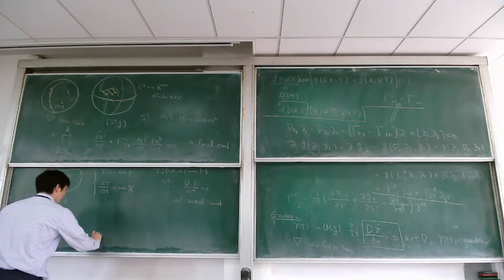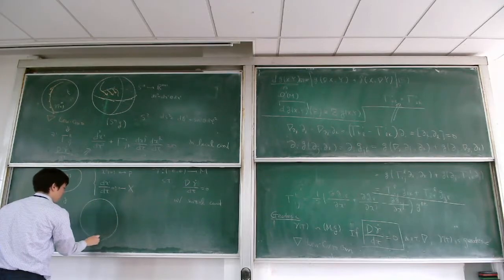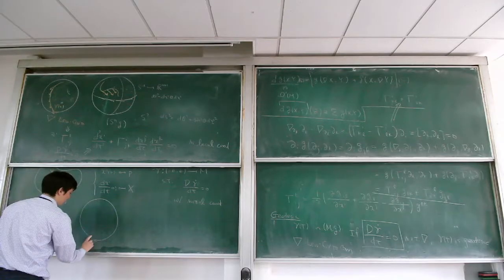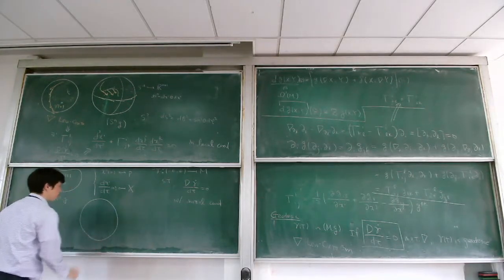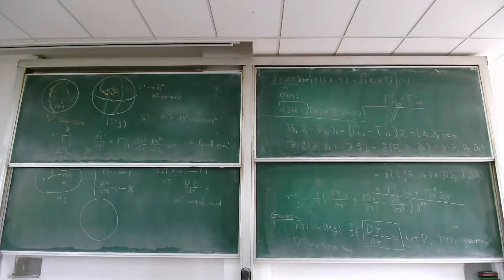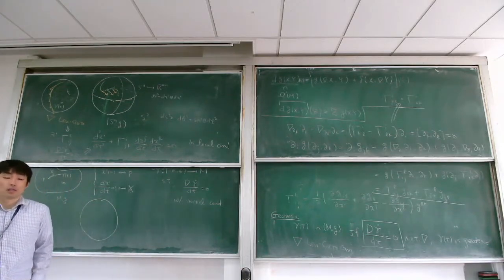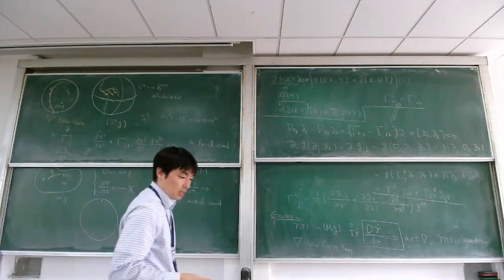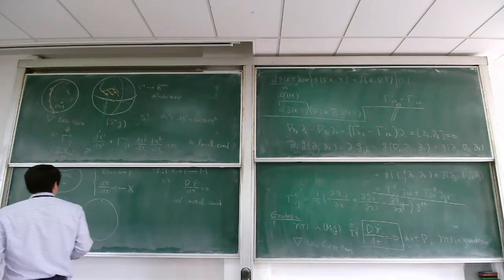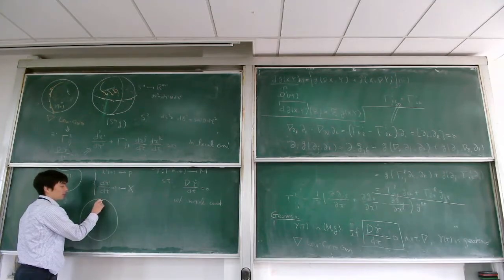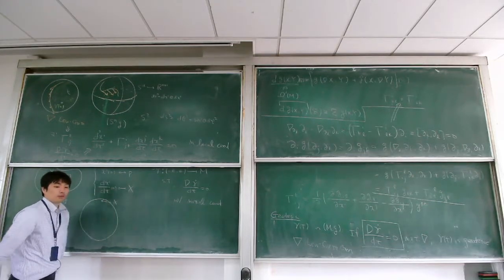So you have a sphere, and you start with some point, let's say the North Pole, and some vector X_p.